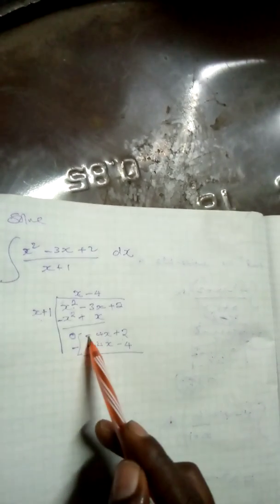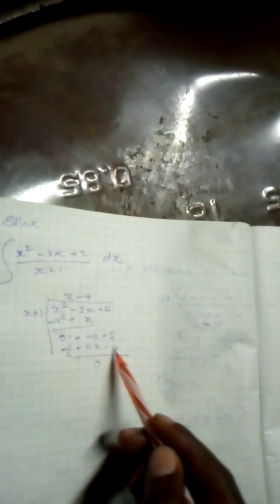So we are going to have negative 4x minus negative 4x. When negatives follow each other consecutively, we replace with a positive sign. So we are going to have negative 4x plus 4x, which is going to be 0, and then we have 2, which is positive, minus negative 4. Negative becomes positive, so we are going to have 2 plus 4, which is going to be positive 6.